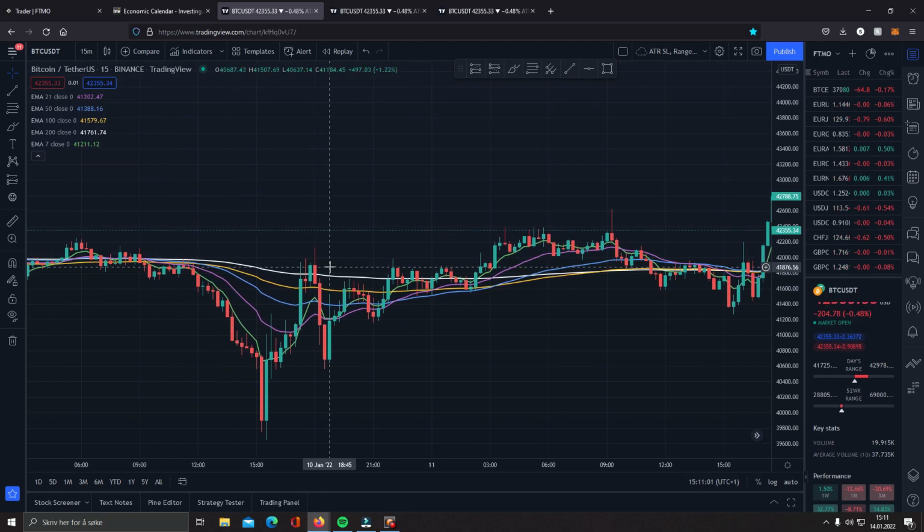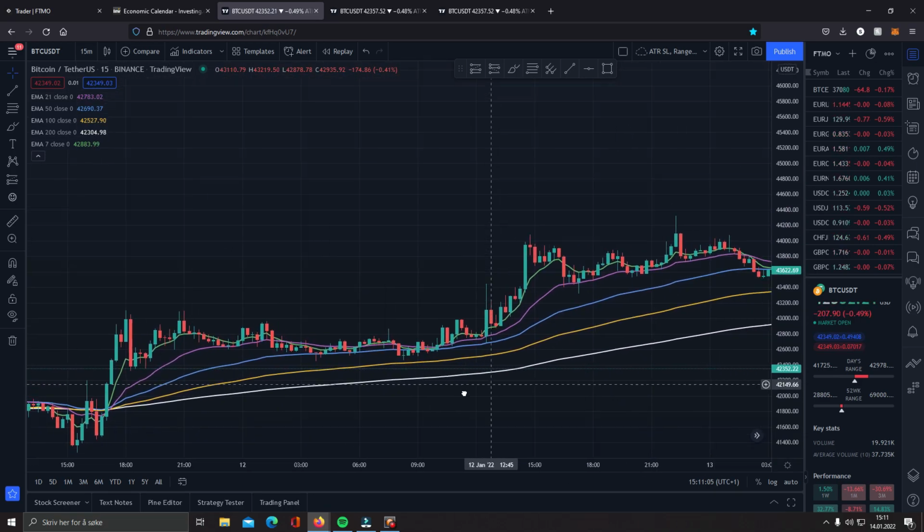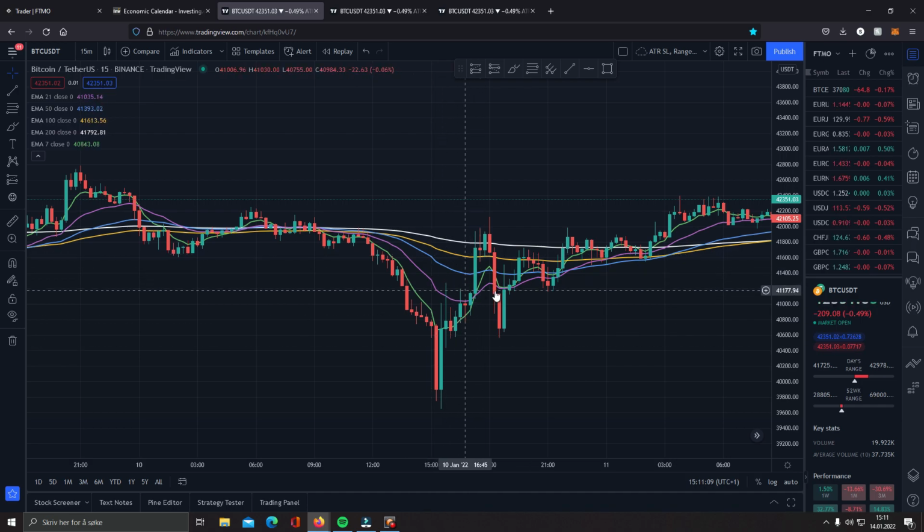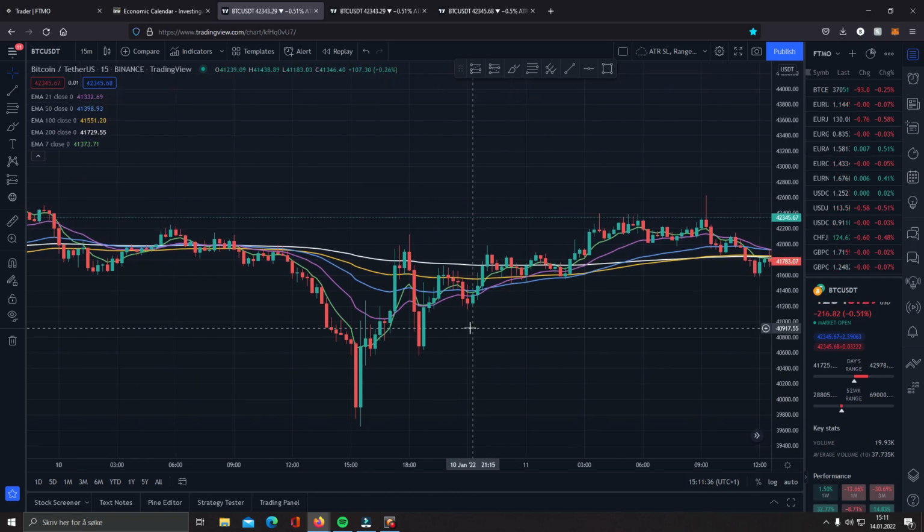You see here the 200 is a lot smoother. It takes a lot more to move than the 21, while the 7 follows almost every path. And these are all very good together because it's very good to predict the market. I'm not saying it does predict the market, but it is very helpful.